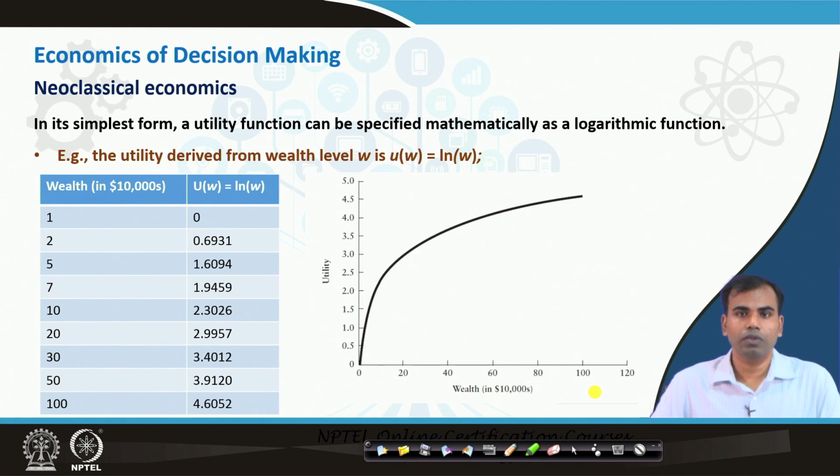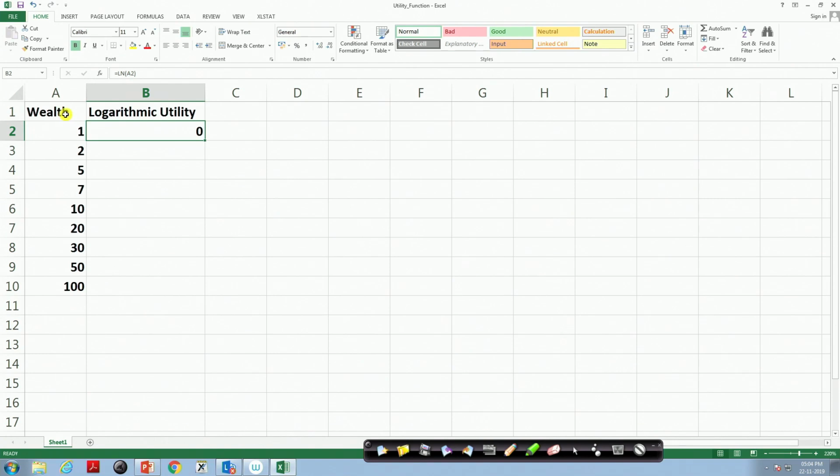If you try to see it in a more continuous framework, let me try to show it with the help of a spreadsheet. In column A, the numbers represent the wealth that an individual has, and column B has the logarithmic utility function, which is the simplest way to explain the utility in terms of numbers.